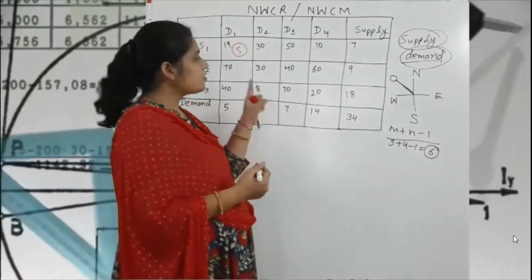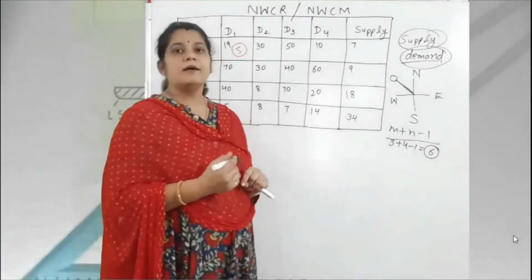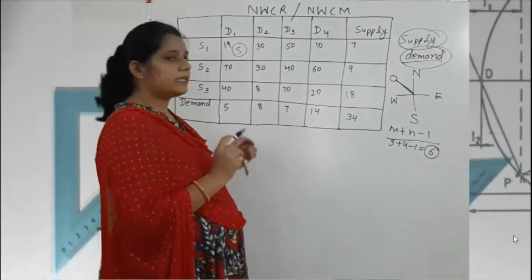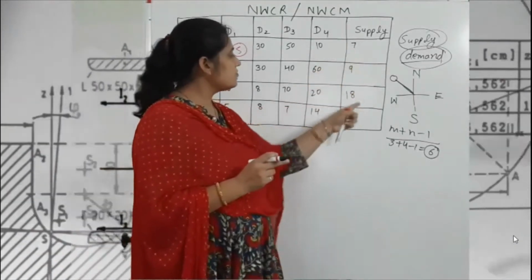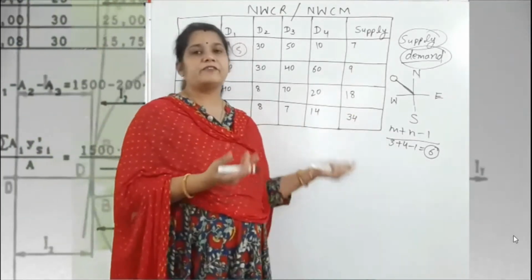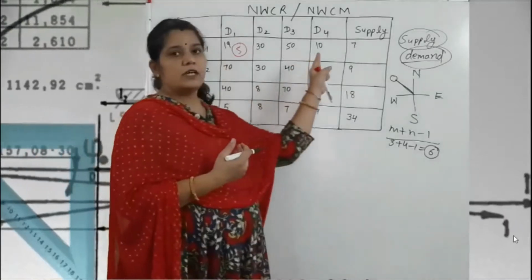That means this question is a balanced transportation problem. Got it? So always remember, keep in mind, first we check that the supply and demands are equal. After that we start solving the question.